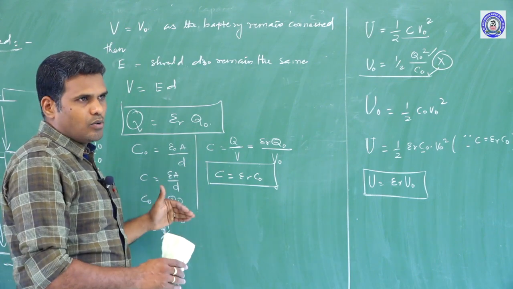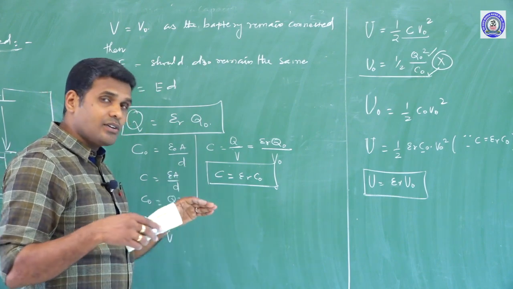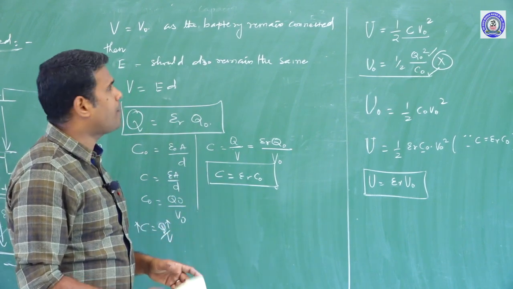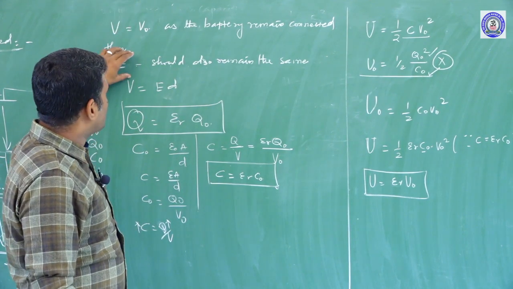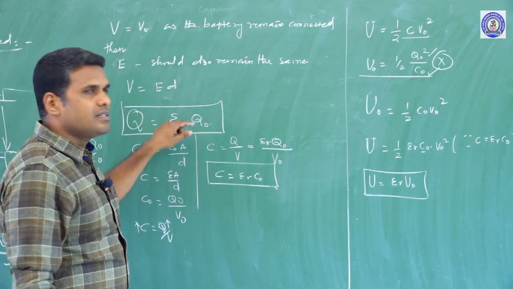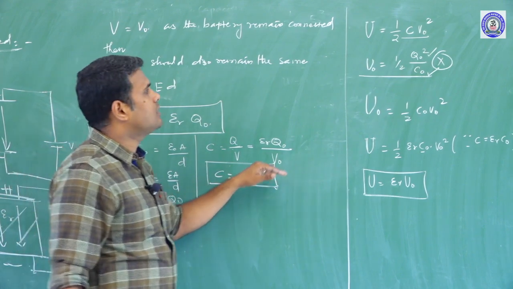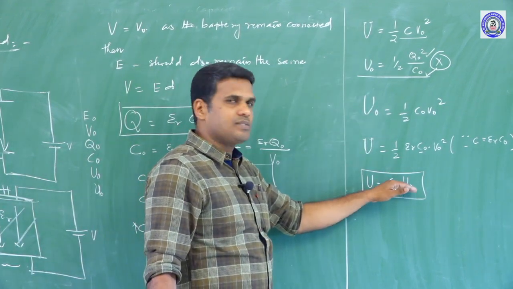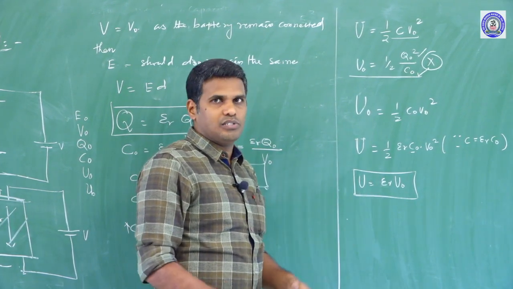So we can conclude, if the battery is still connected and a dielectric is introduced between the plates of a parallel plate capacitor, then the potential remains constant, the electric field between the plates remains constant, charge increases by epsilon r times, capacitance increases by epsilon r times, and potential energy increases by epsilon r times. Now we can see the energy density also.